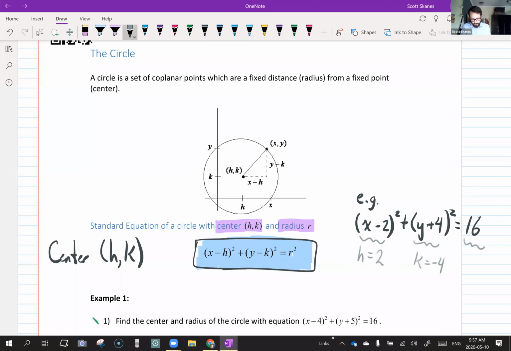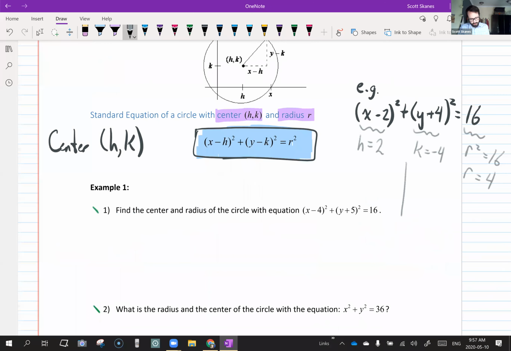And from this, you know that r squared is 16. So what's the square root of 16? It's 4. So I have a circle whose center is at 2, negative 4, and its radius is 4. If I was to sketch this, go over by 2, down 4, that's my center. And my radius is 4 in all directions.